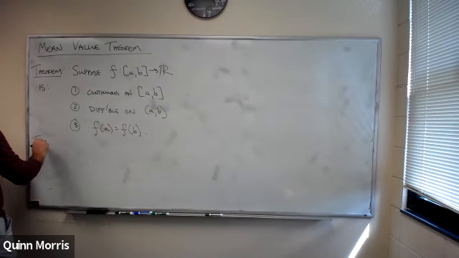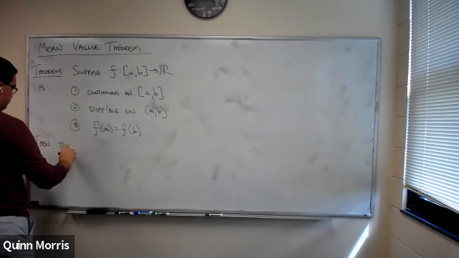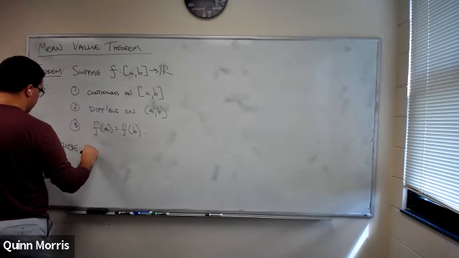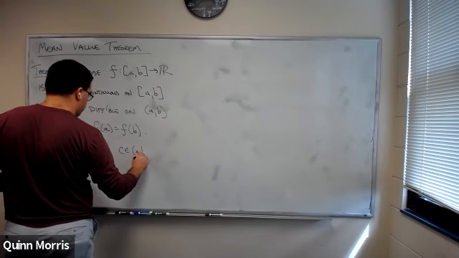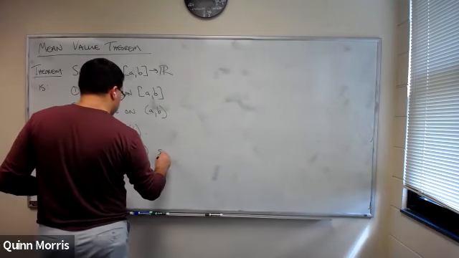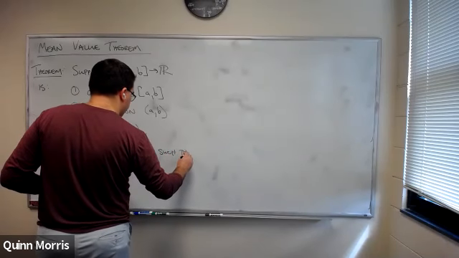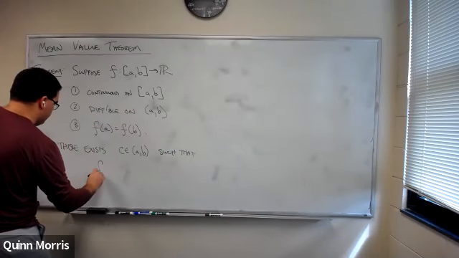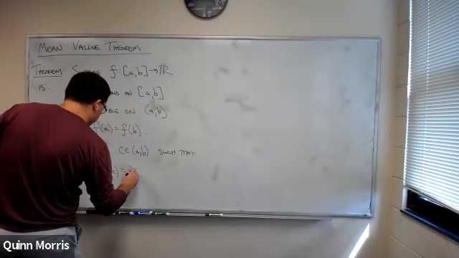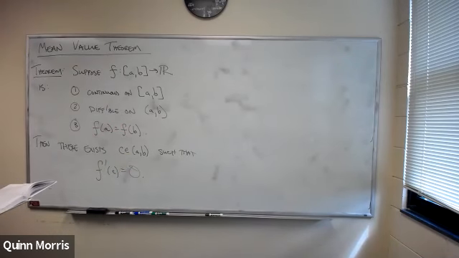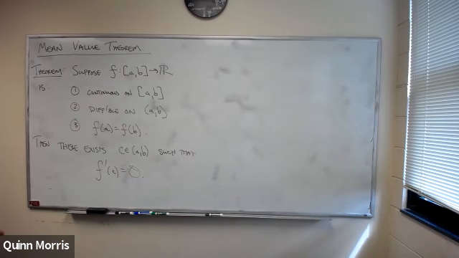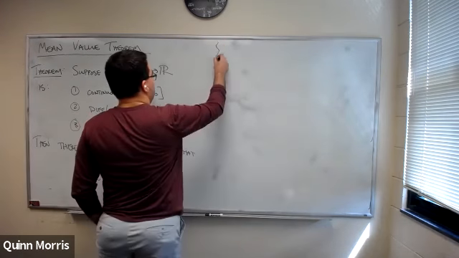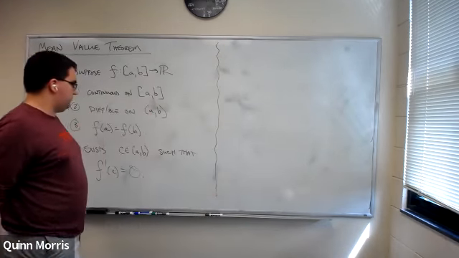Then there exists some c in the open interval (a, b) such that f prime of c is equal to 0. Right. So I think we proved this last time.